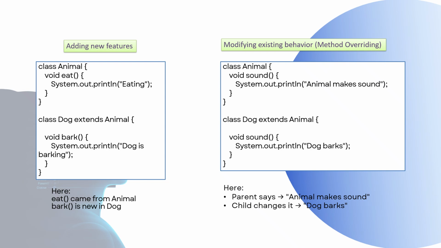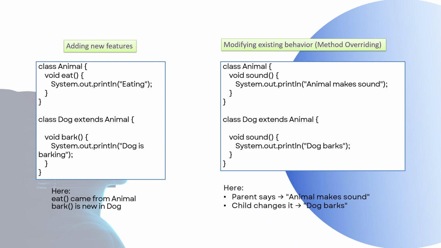And if we write d.bark, the output will be "dog is barking" because bark is the method present inside the child class itself. So this example clearly shows that the child class can both reuse the parent class features and also add new features of its own.